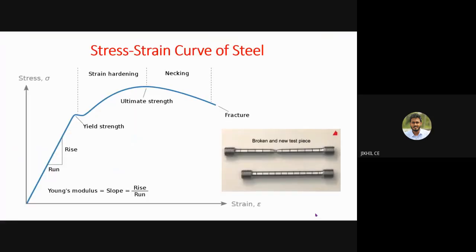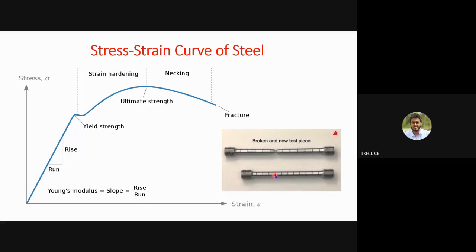So basically, the stress strain curve of steel is the output of the tension test on the steel rebar. So you consider a rebar like this. You have a steel rebar like this, and you will be applying tensile force on the rebar.